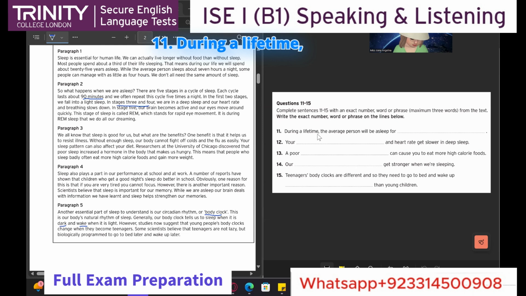11. During a lifetime, the average person will be asleep for dash. The second one is your dash and heart rate gets slower in deep sleep.